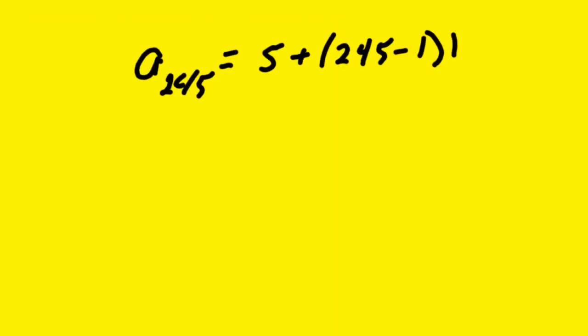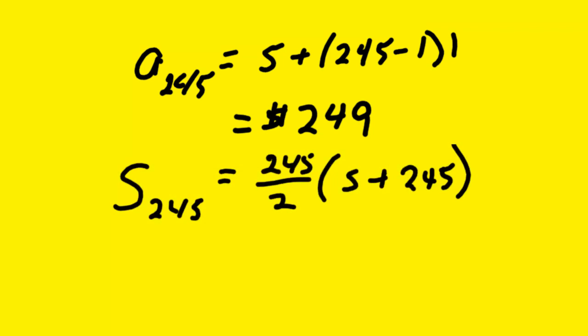So our 245th day is going to equal the first day plus n minus 1, 245 minus 1, times our common difference of d. On your last day of work, you'll receive $249 for that particular day's work. The sum of the first 245 days is n over 2, 245 over 2, times the sum of the first day, 5, plus the last day, 249.